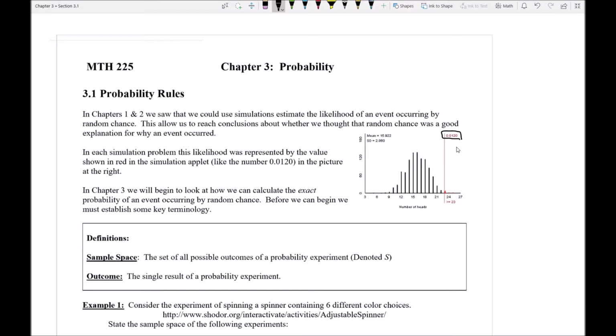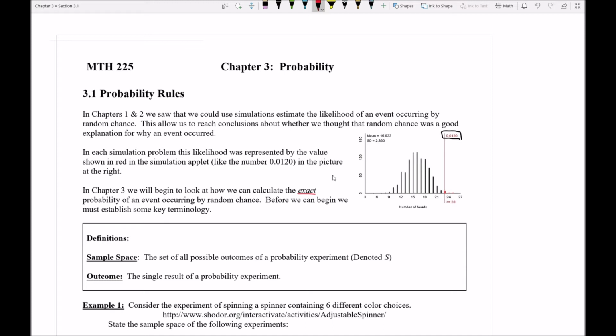What happens if I get something really close to that 5% line and I know that my red value here might not be perfectly accurate? This is why it might be helpful to compute the exact probability, the exact likelihood of an event occurring by random chance. This is really going to be our goal throughout chapters 3, 4, 5, and 6: how do I determine the chances of something happening?